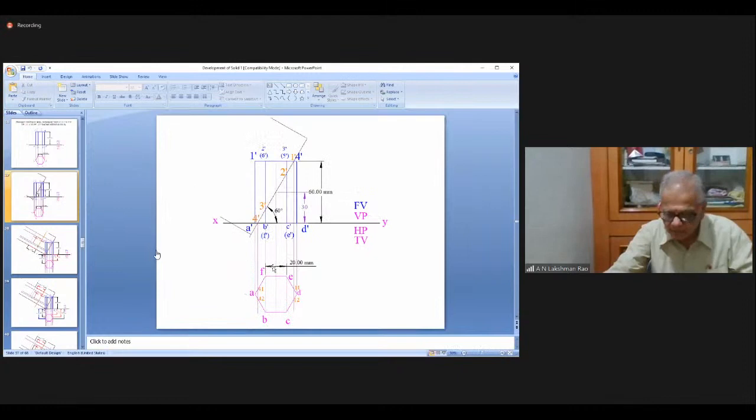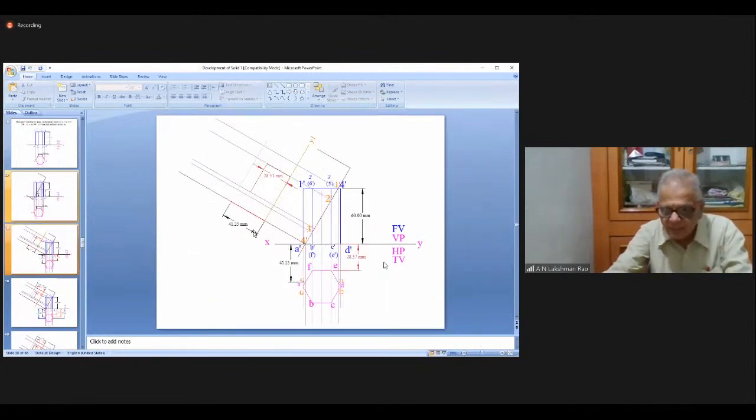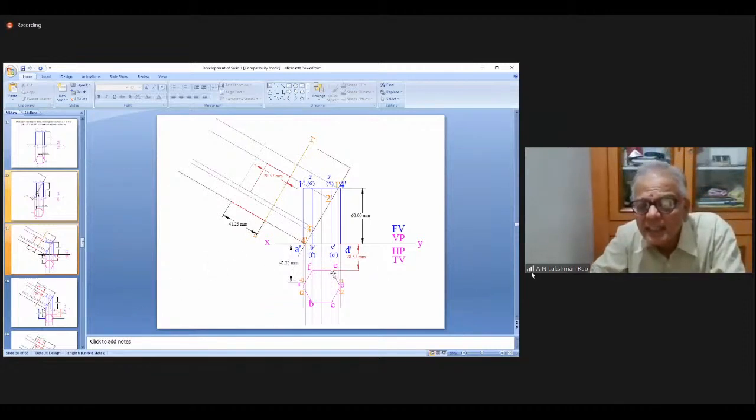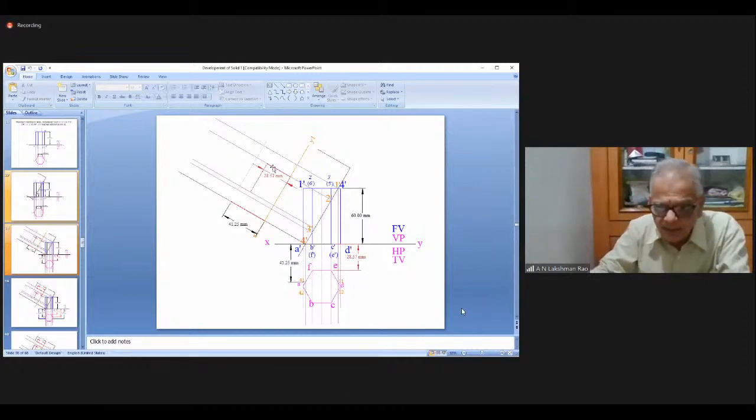Right. Now, the next step is to draw a new reference line XY. All dimensions are here. You can go through it leisurely. For example, here 41.25 is A, and 28.58 is E and F. E and F are 28.57.